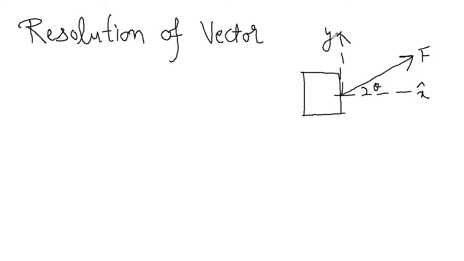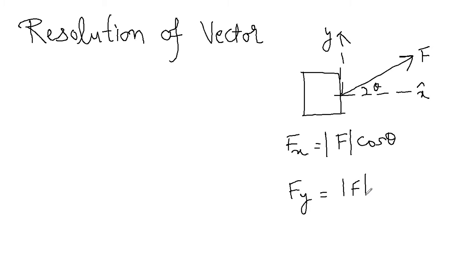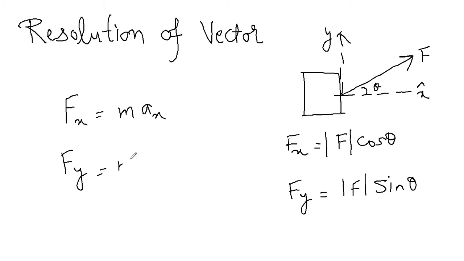So clearly, as in the previous example, you can see that Fx would be mod of F cos theta, and Fy would be mod of F sin theta. And once you have Fx and Fy, you can use the equations Fx equal to m ax and Fy equal to m ay.